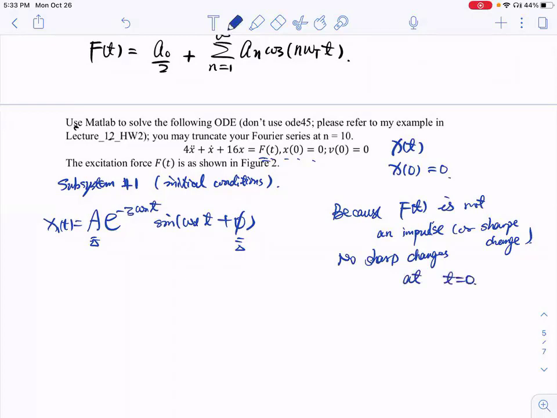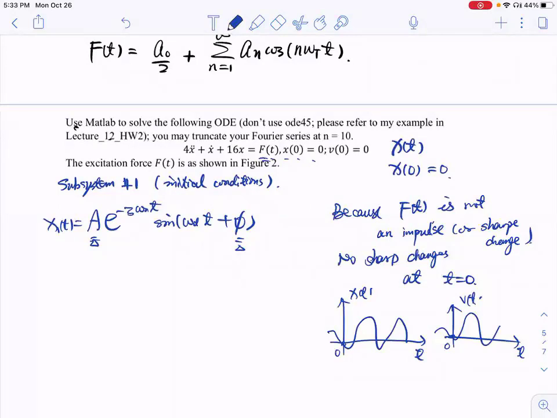So that means your system is going to be very smooth. If you plot x(t), or v(t), at time equals 0, you're going to see a continuous or differentiable point at time equal to 0, because there is no impulse. Only an impulse can create a sharp jump in your response. So if there is no impulse, that means no sharp jump at time equal to 0.